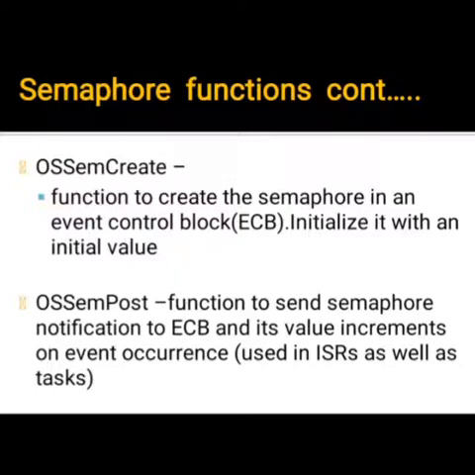A task can use this function to signal the availability of a semaphore to any other task waiting for the same semaphore. The count associated with the semaphore is incremented by 1 and the access is granted to the highest priority task waiting for the semaphore.